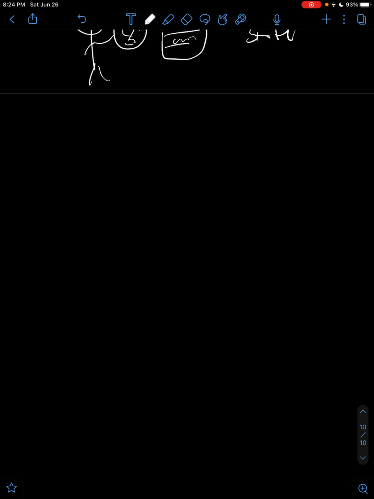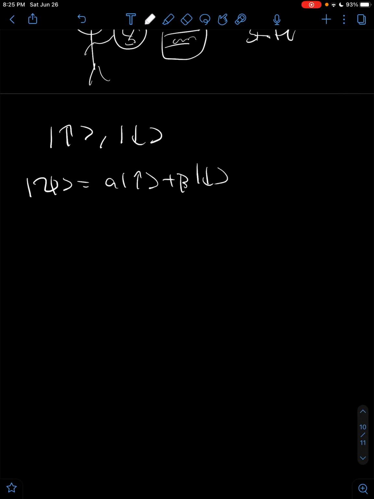So let's just recap. The electron can be in spin up or spin down when it hits the detector. Beforehand, the electron has some combination of spin up and spin down, where these coefficients are complex, which means that they can be written as some real part added to some imaginary part.